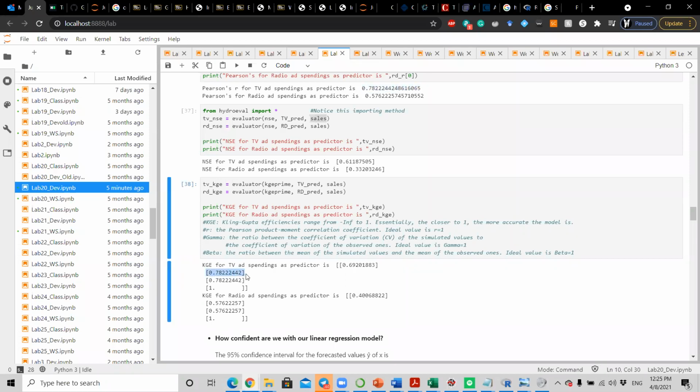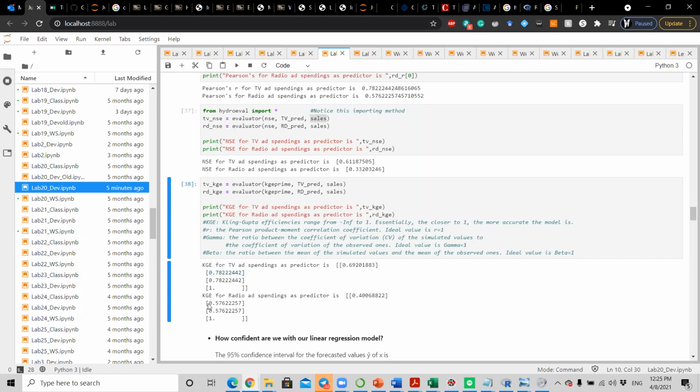So my Pearson's R is 0.78. What about my gamma? The ratio between the coefficients. And then 1? The beta. Beta. So that stands for my bias term.